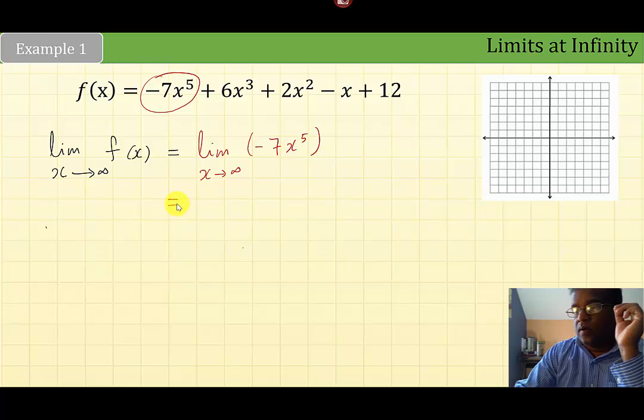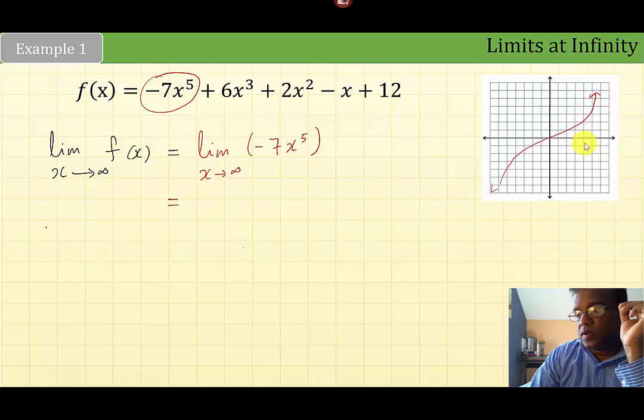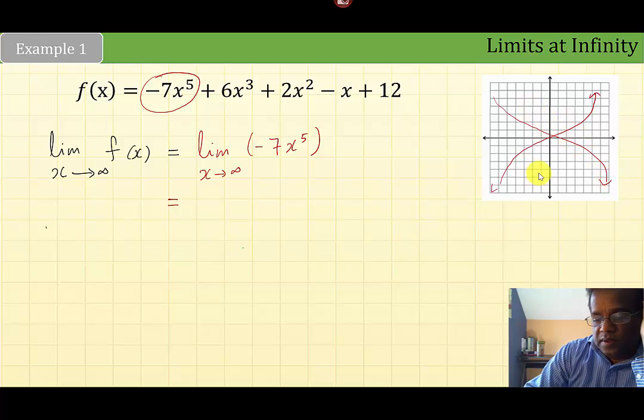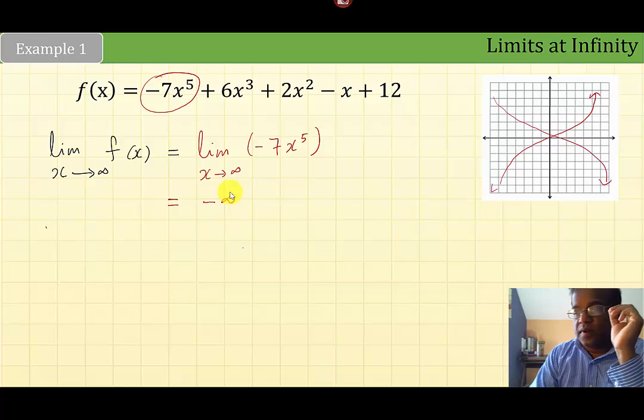Now we know the x to the fifth graph looks like this. So as x approaches infinity, it goes to infinity. Now what we have is negative 7x to the fifth, so that graph is going to be like this. So that means as x approaches infinity, this approaches negative infinity.